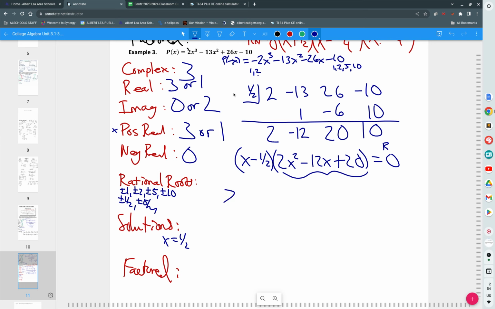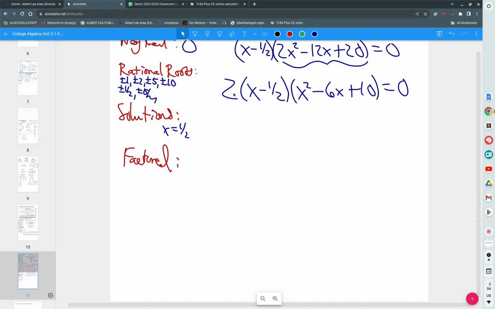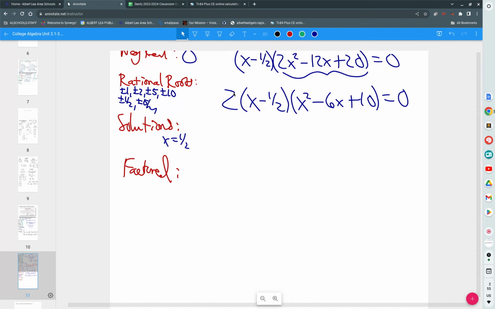Take out a 2. 2 times x minus 1/2 times x squared minus 6x plus 10. Does x squared minus 6x plus 10 factor in a way that you can see? I don't see how. If it doesn't factor, you resign yourself to the quadratic formula.